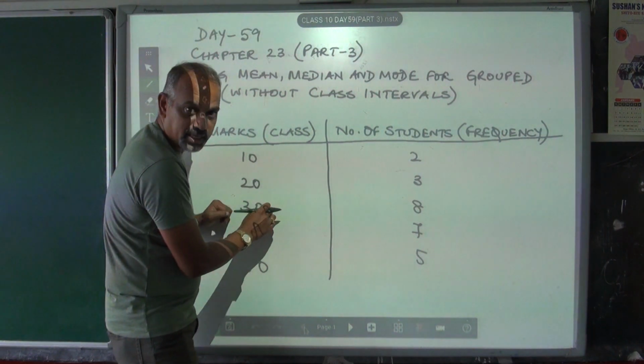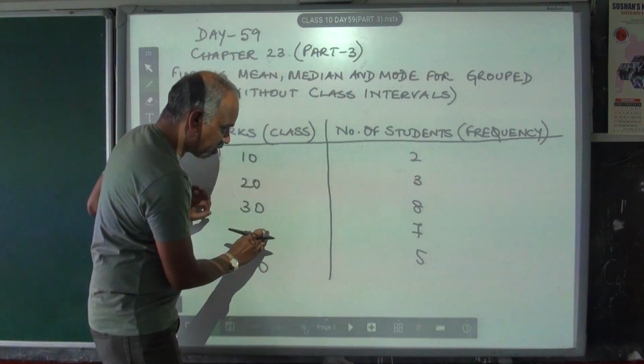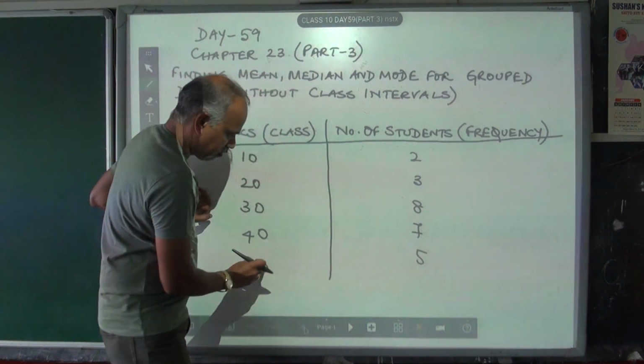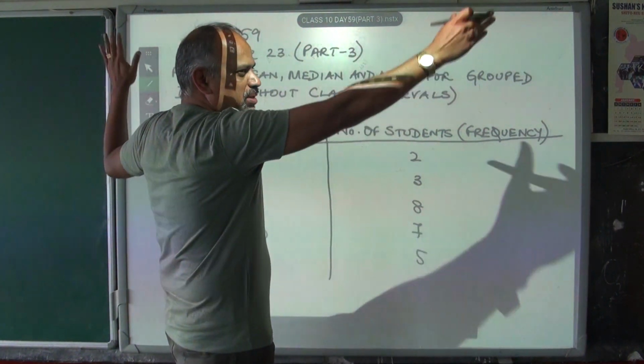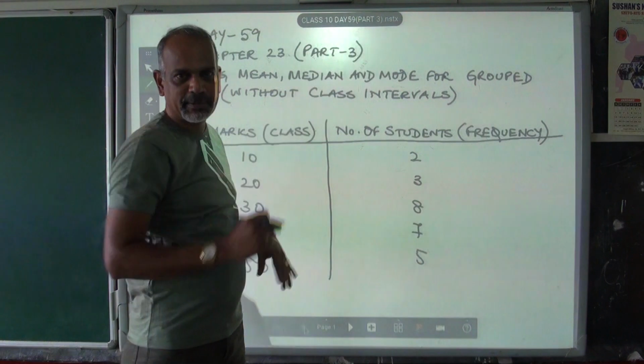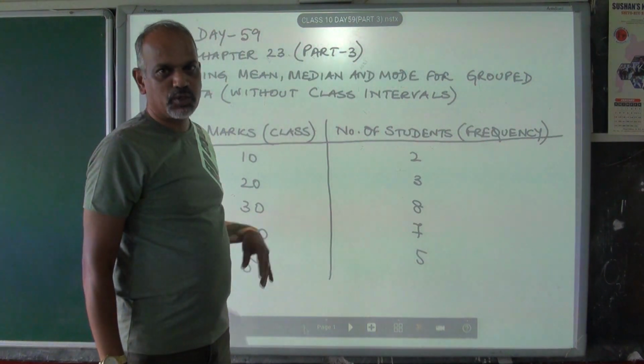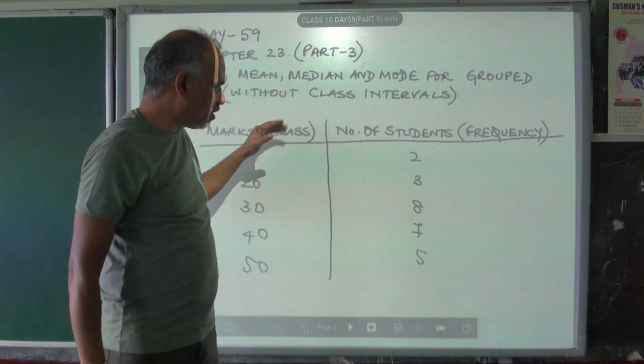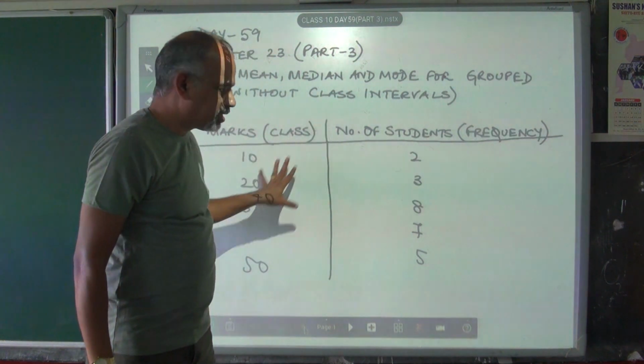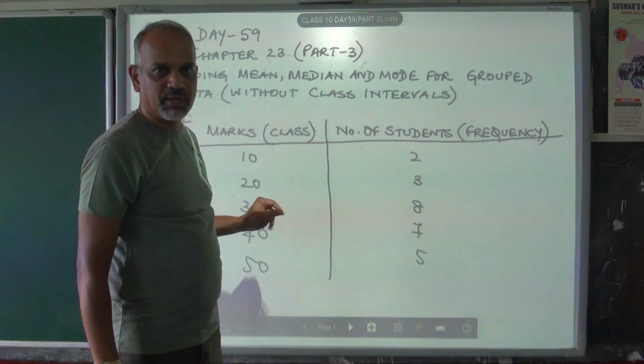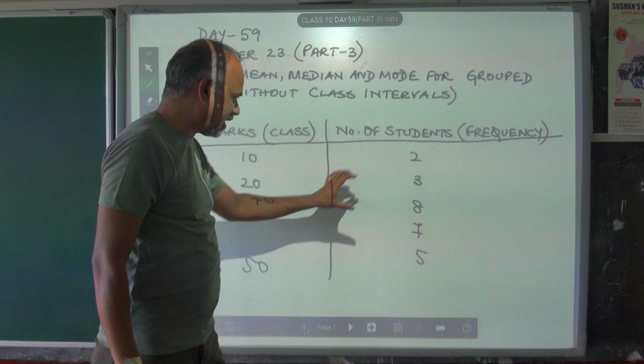You have to write 30 eight times, 40 seven times, 50 five times. It becomes too many. Too many elements will be there. That is why they are written in the form of a table.